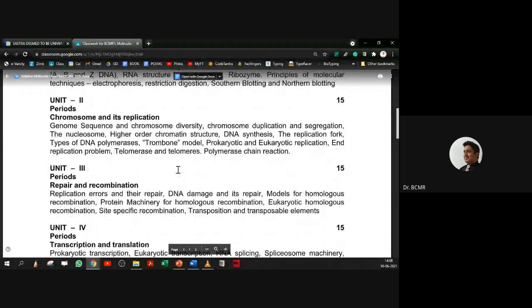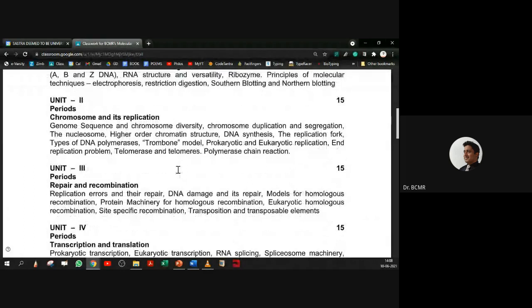In Unit 2, we learned about the genomic organization, types of DNA sequences, nucleosome, chromatin organization, and so on. And then we also learned about the replication of DNA. So if you are looking at an essay question, it would be describe the genome diversity or chromosome diversity, types of sequence diversities, or the organization of chromatin.